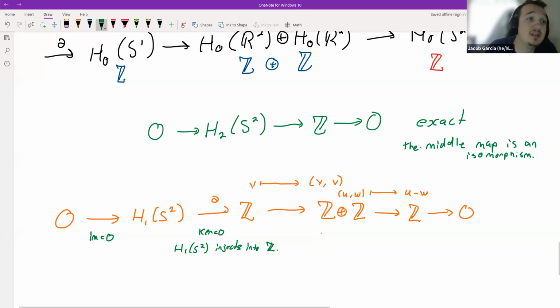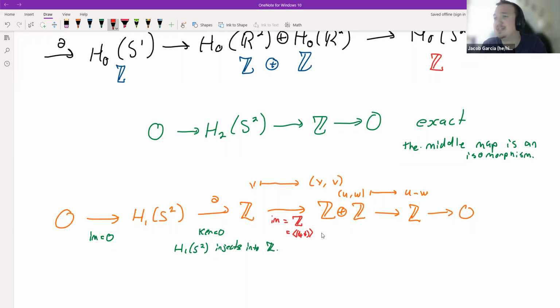I also know that the image of this map is Z, singularly generated by V comma V. It's a cyclic subgroup generated by V comma V, or 1 comma 1, if you'd like. You just map the generators through a group homomorphism and you get generators for the image.